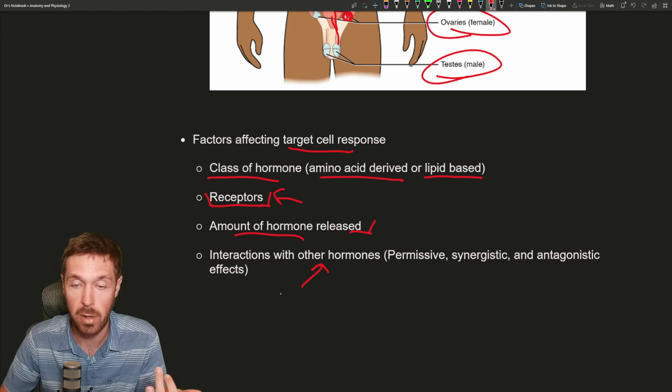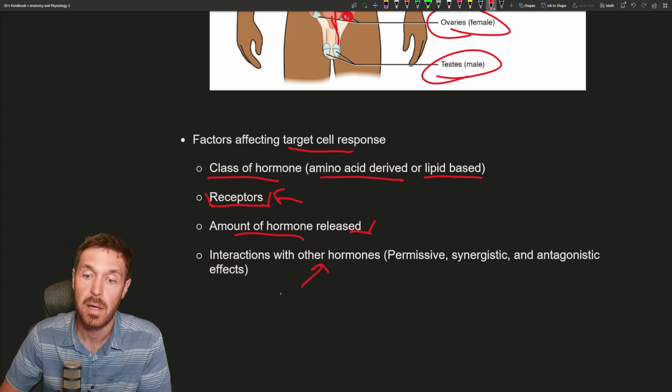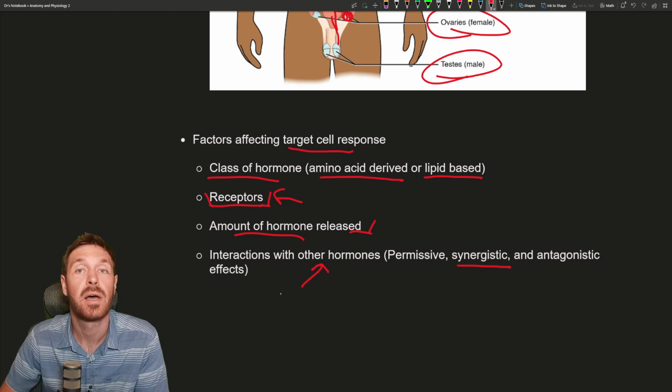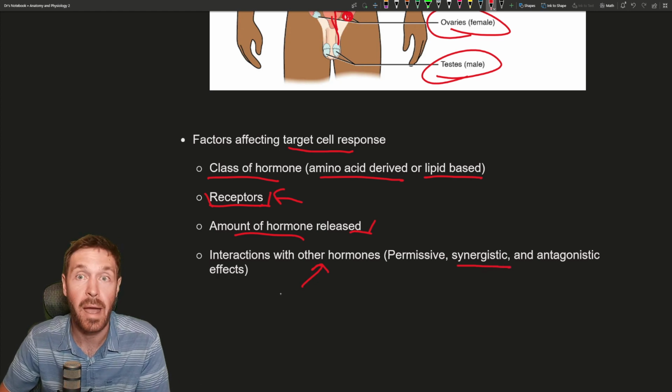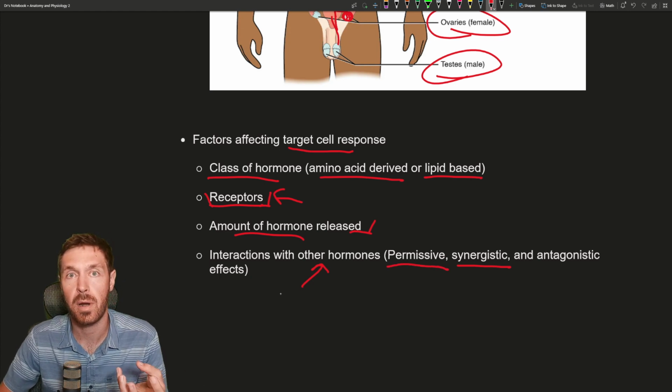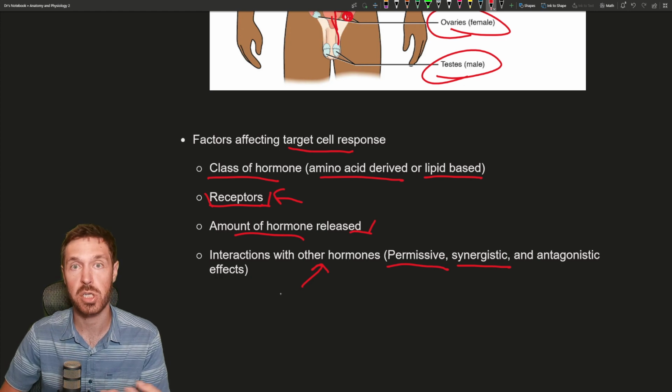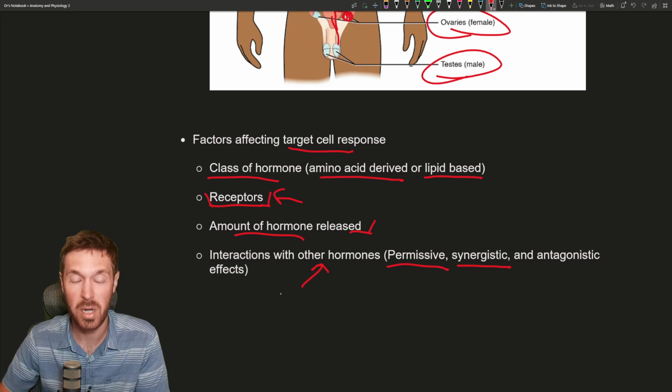Follicle stimulating hormone and luteinizing hormone work together in the male and female reproductive systems. So that would be a synergistic effect. Thyroid hormone and growth hormone also work together for growth and development. Permissiveness is where one hormone is given permission to work. So in order for it to work, it has to have another hormone present. Thyroid hormone and follicle stimulating hormone is another example here.